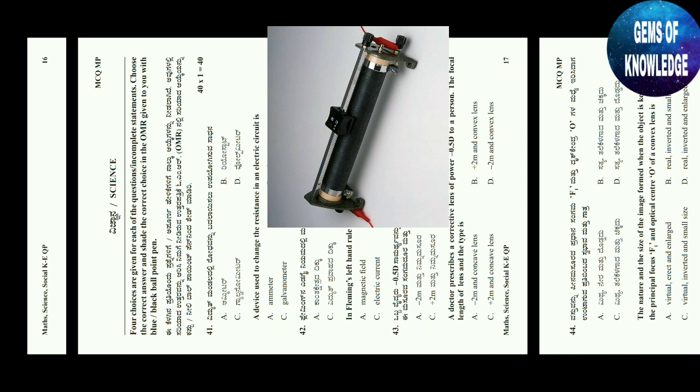The remaining one is the answer, that is the rheostat. It is used to change the resistance in an electric circuit. Basically, a rheostat is nothing but a variable resistance provided in the electric circuit. So the correct answer is B.